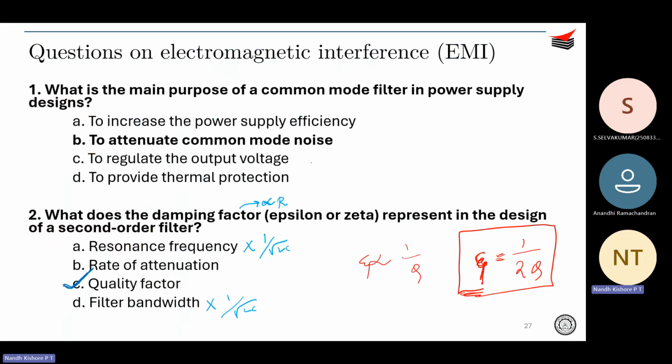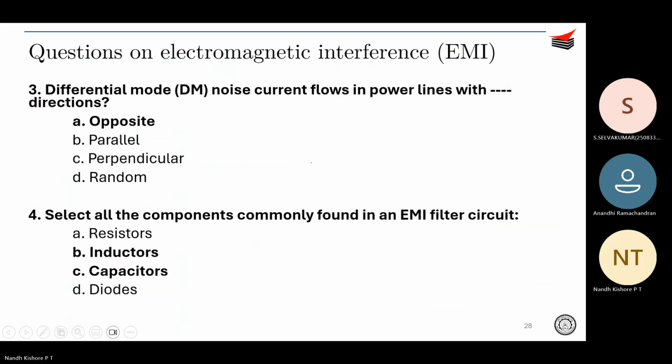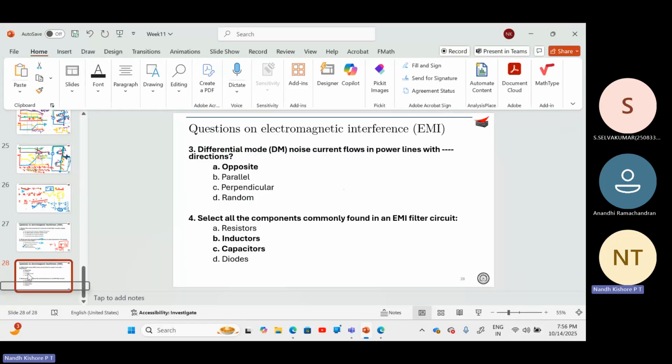You would have studied that quality factor is equal to 1 by R root over L by C. Okay, fine. So if this is fine, we will move on to the next question.